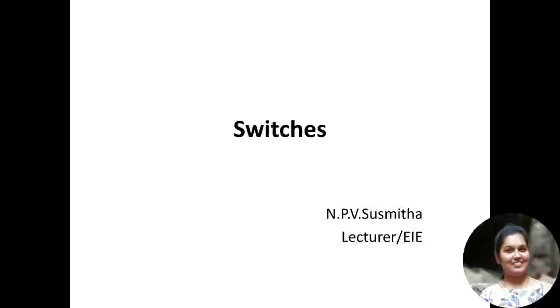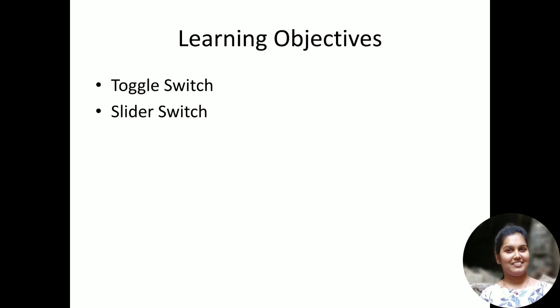So the topics of discussion for today are: we'll be discussing toggle switch, and I'll try to show how this toggle switch looks like, and we'll discuss the specifications of toggle switch.